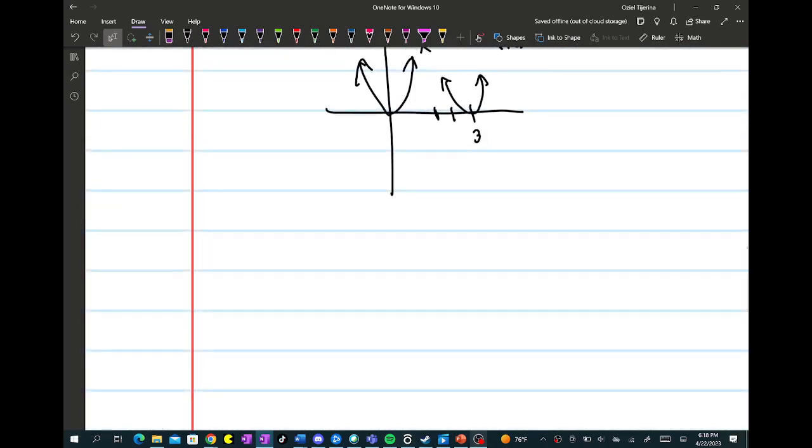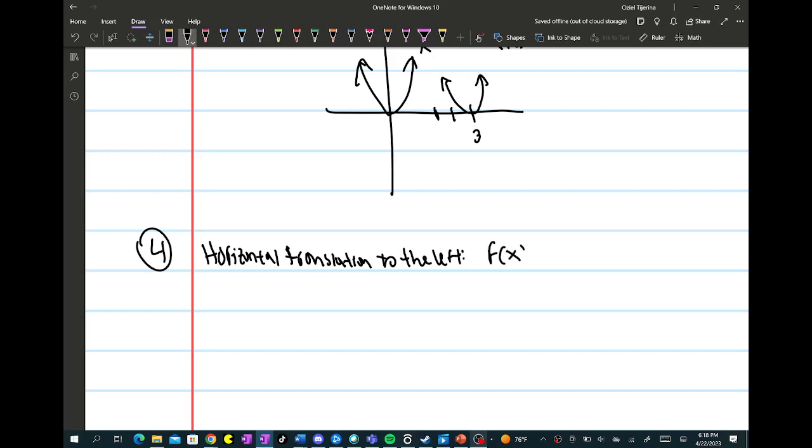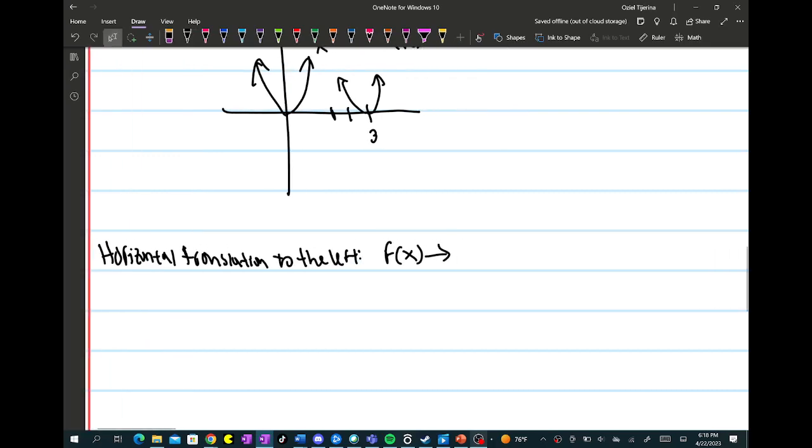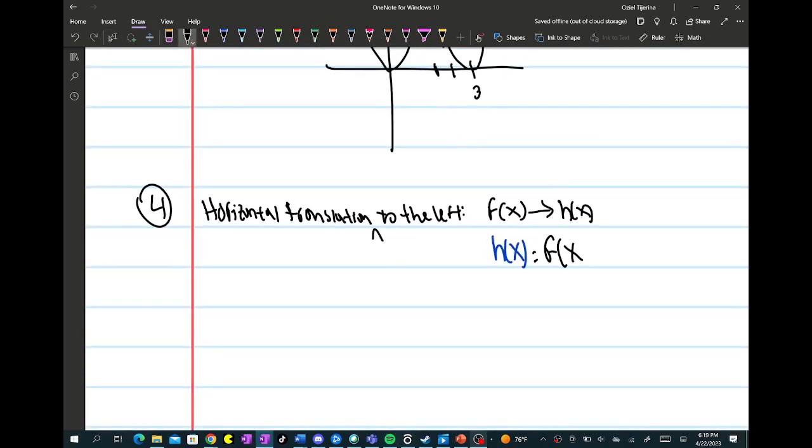And also, when I do a horizontal translation to the left, this means that we go from f of x to h of x, and again, h of x, I'm going to put it as blue, is equal to f of x plus c units, right?